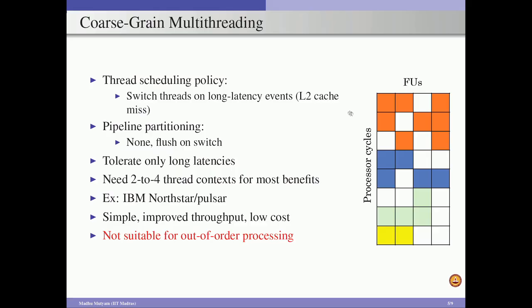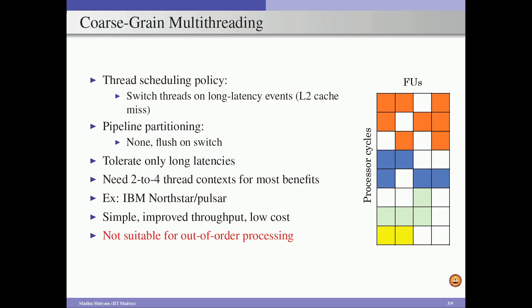We continuously execute instructions from one thread and then move on to another thread because of a long latency event incurred by one of the instructions executed earlier. After that we execute instructions from a second thread, and again there may be a long latency event, so we can move on to a different thread, or otherwise we can start executing from the previously context switched thread and so on.